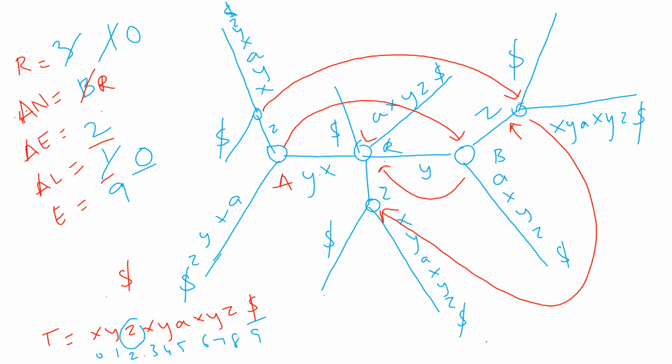So this is the complete suffix tree. We can check for any particular suffix, and we'll find it here. For example, let us take X, Y, A, X, Y, Z, dollar. We go through X from the root, then X, Y, A, X, Y, Z, dollar. So this is the suffix for that particular thing.